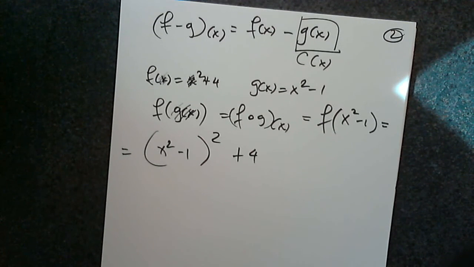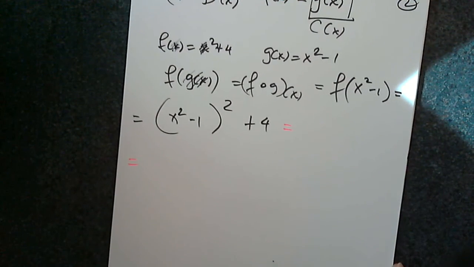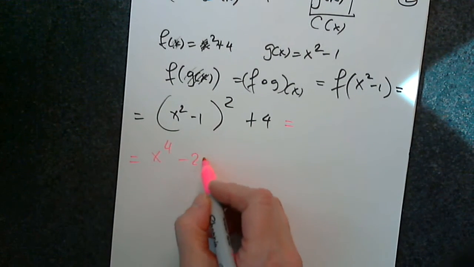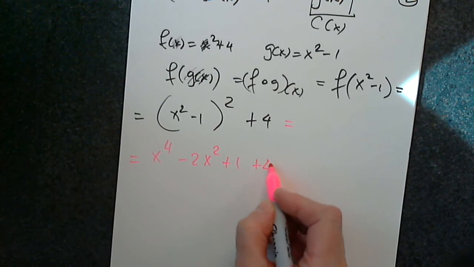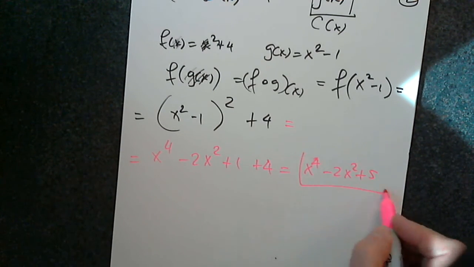Do we understand this step? Yes. How many terms do I get when I square x squared minus 1? Excellent. So x to the 4th minus 2x squared plus 1 and plus 4. So this is x to the 4th minus 2x squared plus 5.